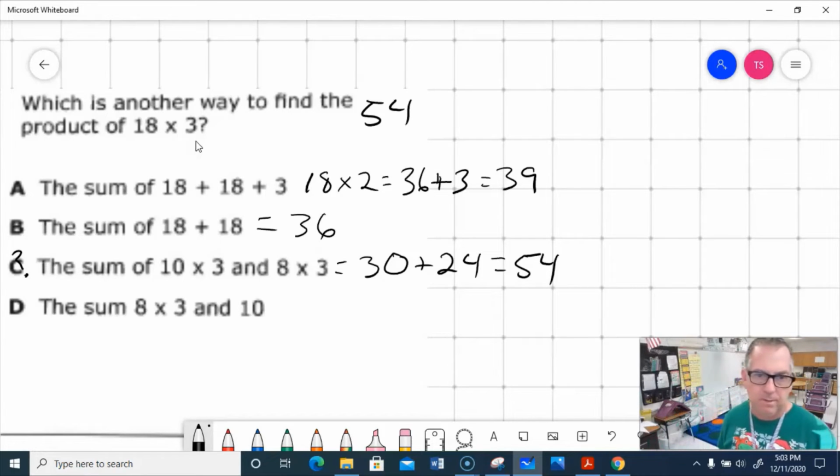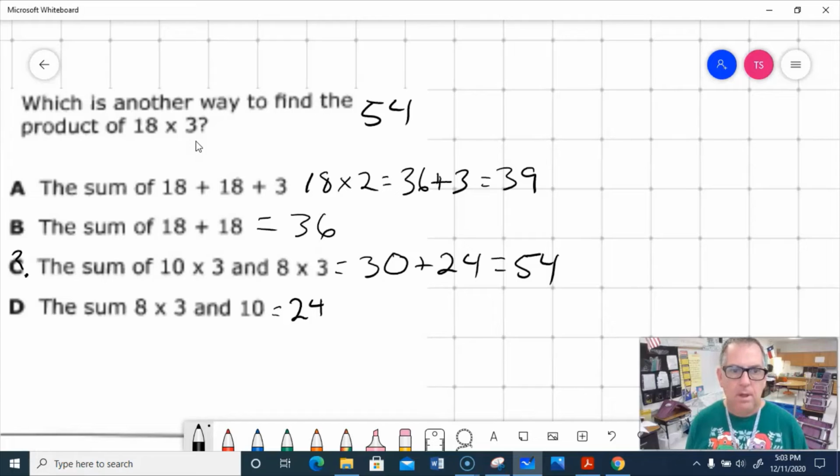And the last one, D, the sum of 8 times 3 and 10. Okay, we'll check that out. We already said 8 times 3 is 24, and we add 10 to that. That would equal 34. So it looks like we can eliminate answer choices A, B, and D because none of those equals 54.